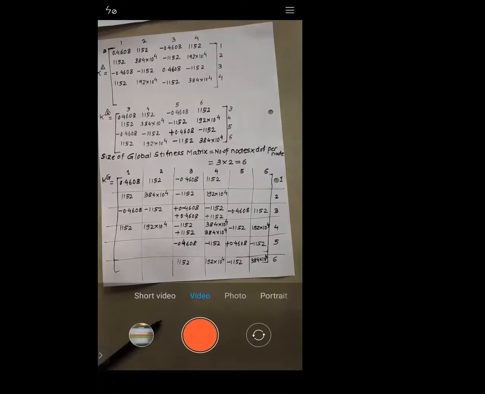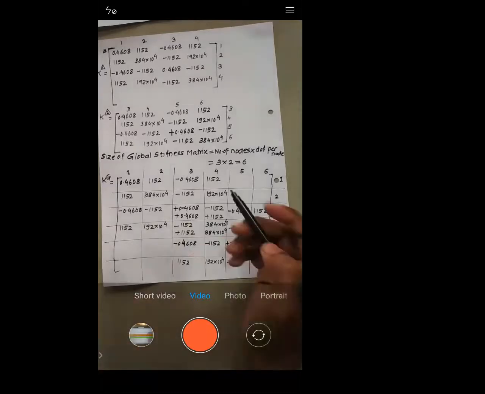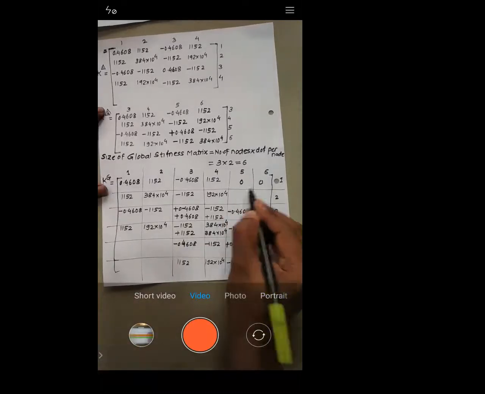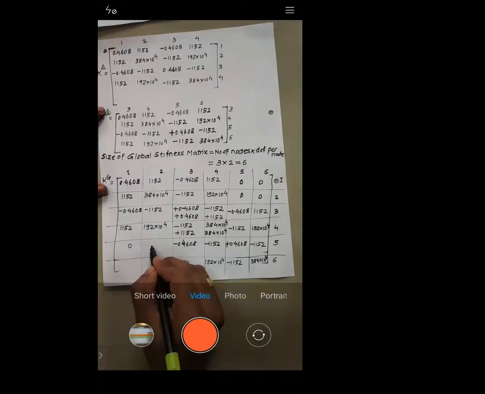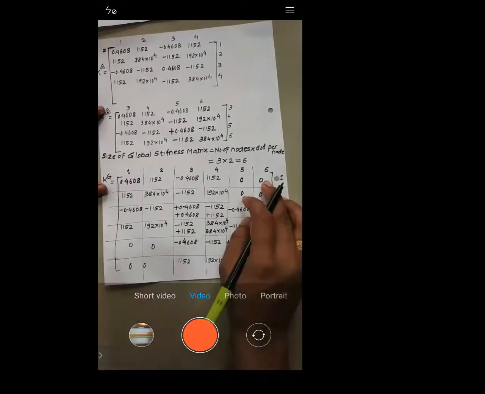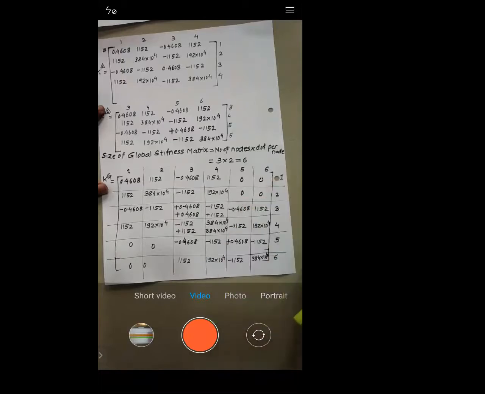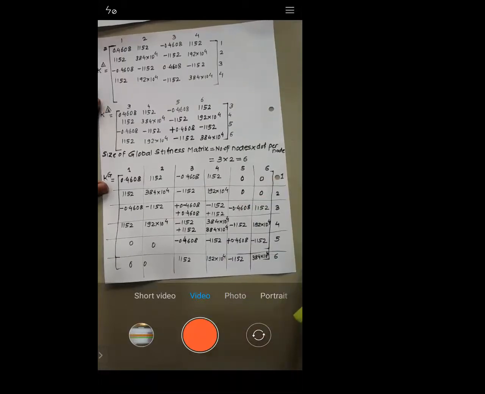Is it right? So see, the points where we don't have any element, there we need to put a zero value. So I'll put those values as zero. All of you just see here.